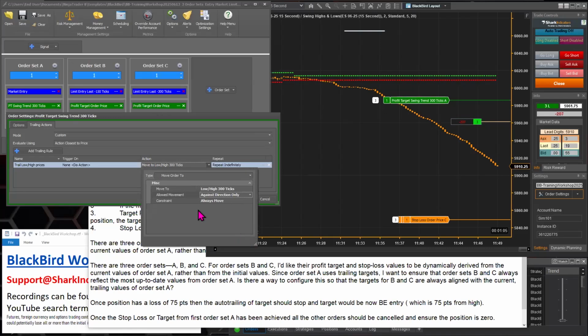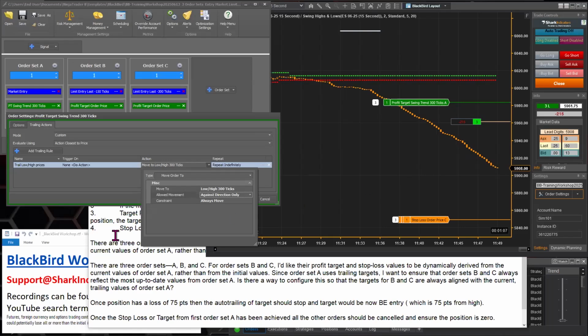But a key thing to remember is that we are restricting the movement of our profit targets. So the allowed movement is against the direction of the trade, right? Because our profit target is pulling in there. Our profit target's pulling in as the market's moving down.